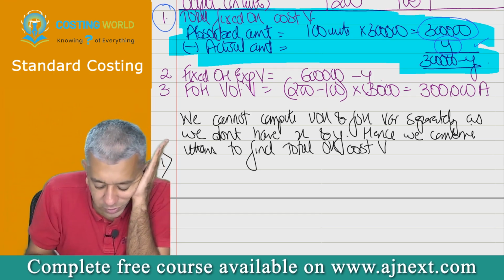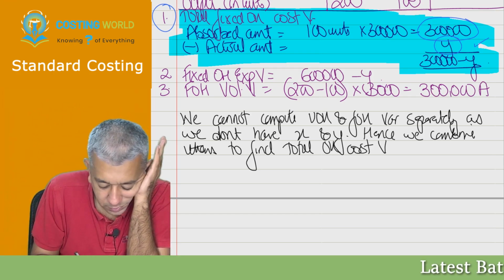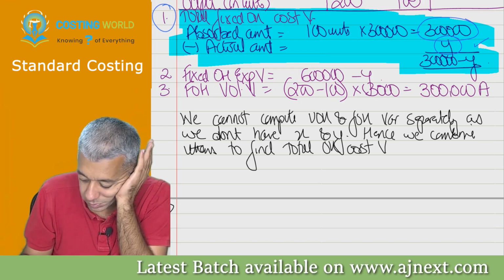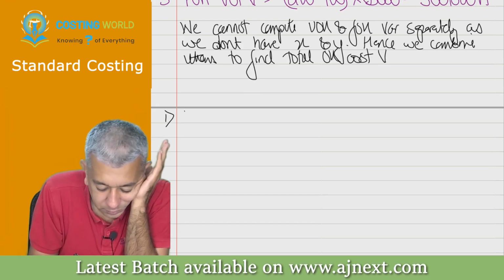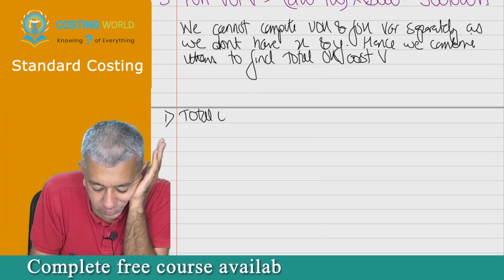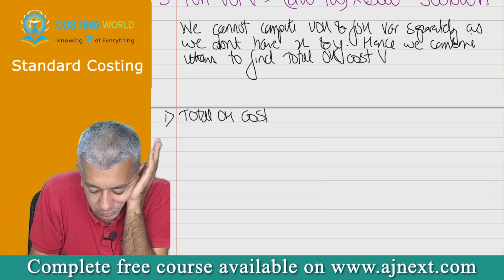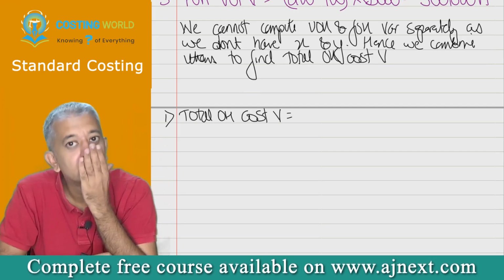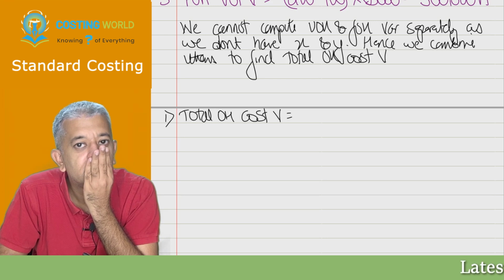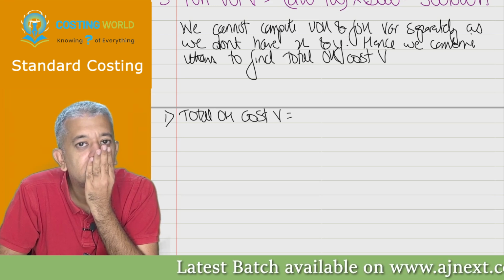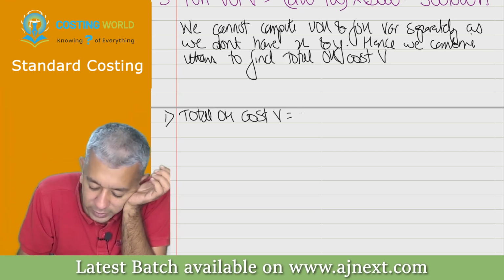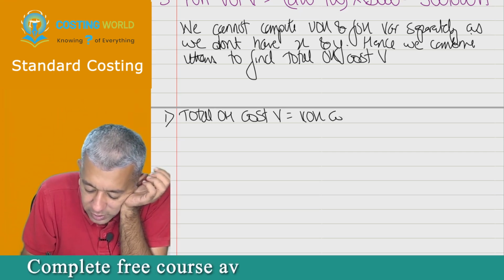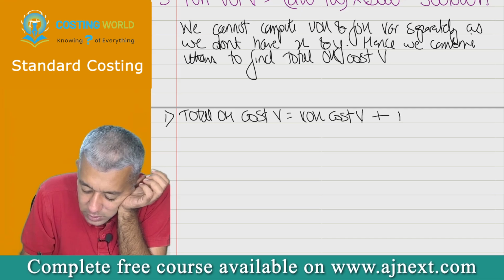So you all write down first over here. Total overhead cost variance is equal to variable overhead cost variance plus fixed overheads cost variance.